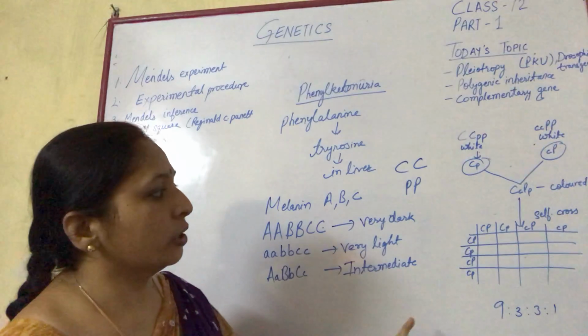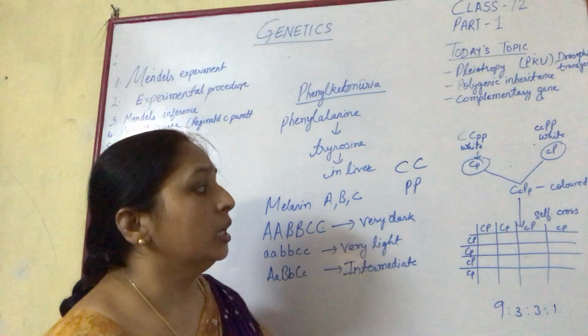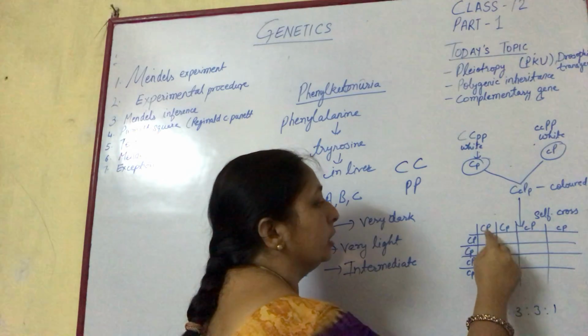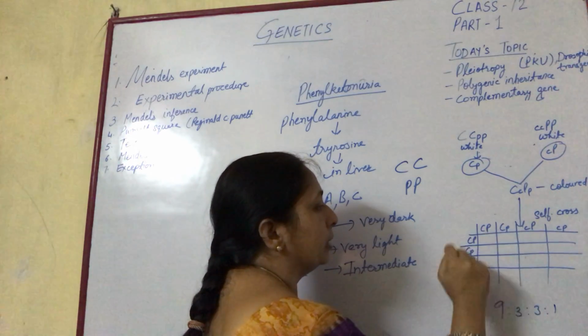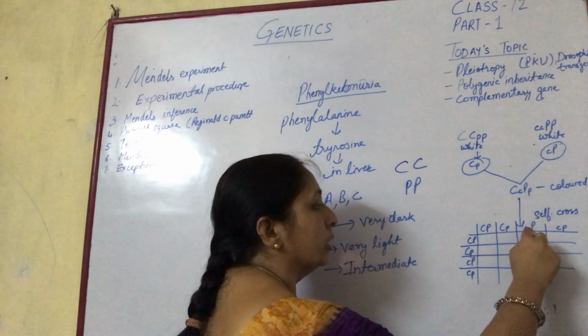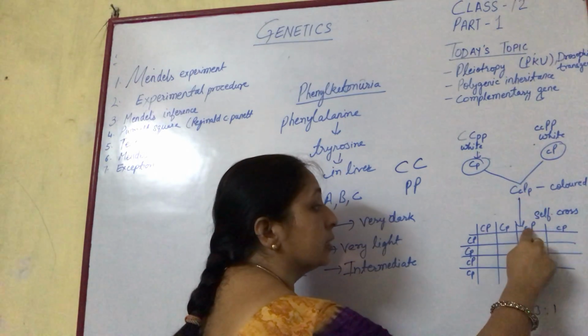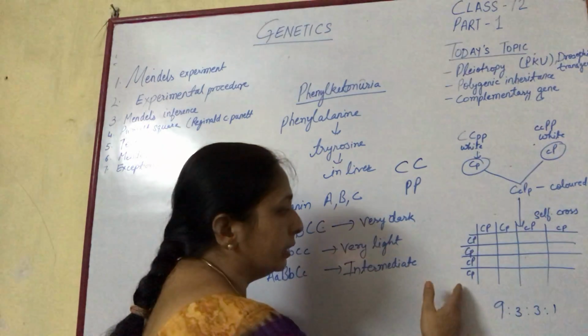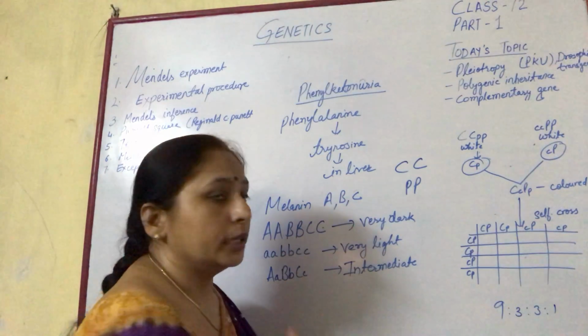There is a self-cross between the colored flowers, and the gametes are capital C capital P, capital C small p, small c capital P, and small c small p. Again here also the same gametes.